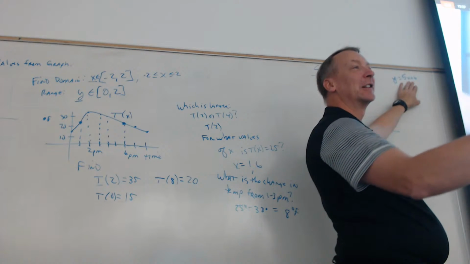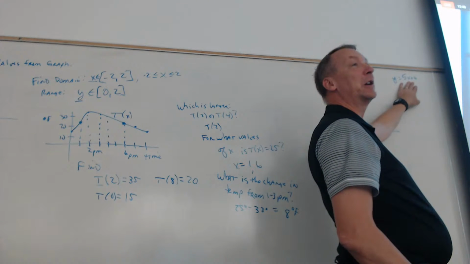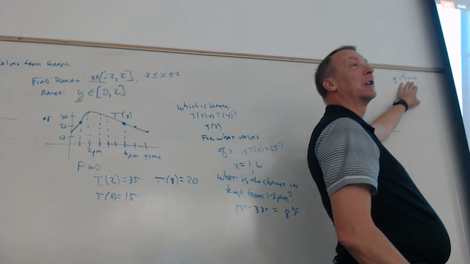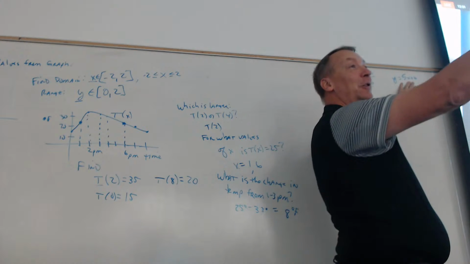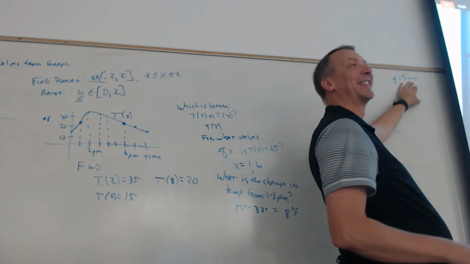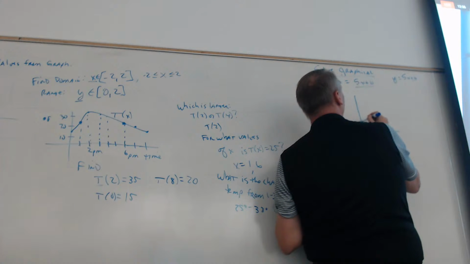Your slope is 5/1. Your rise is 5, your run is 1. Intercept is 6. So let's start with your intercept. 1, 2, 3, 4, 5, 6. Okay?